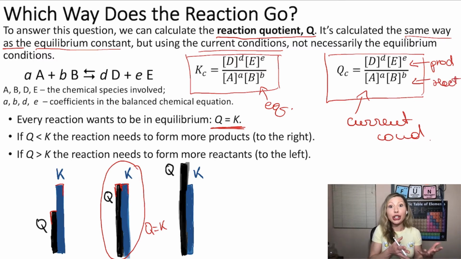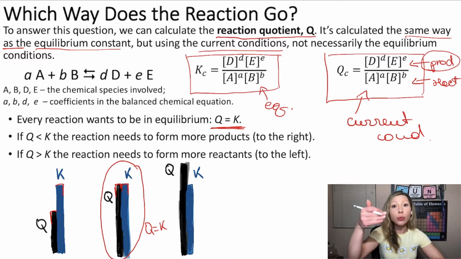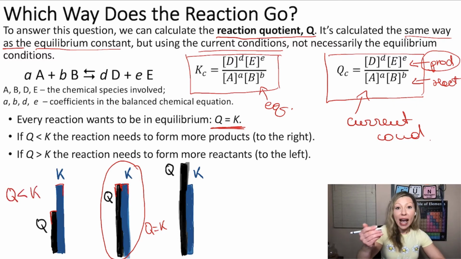So if my Q is a small number, that means that I don't have enough products, right? The value in the numerator is going to be a small number compared to the value in the denominator, the amount of reactants.